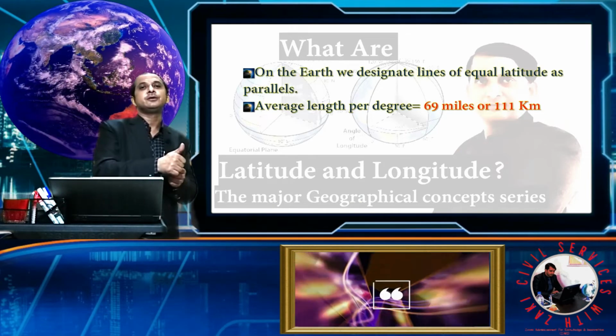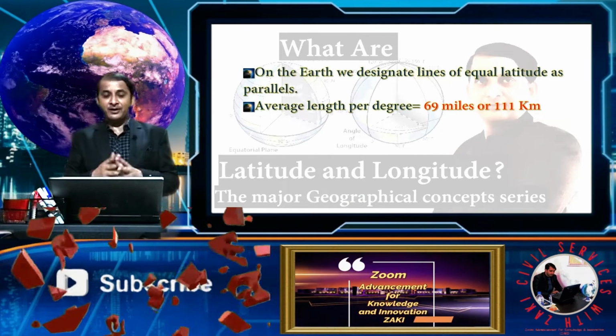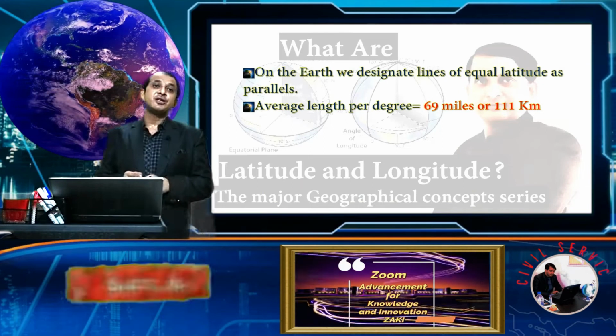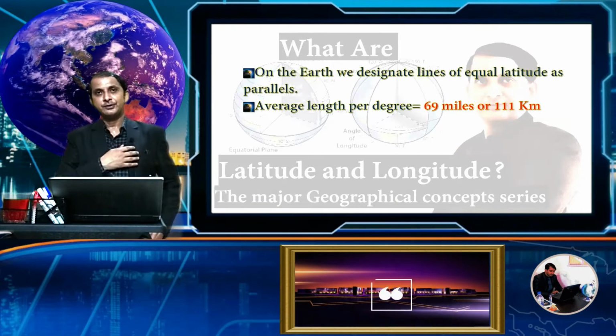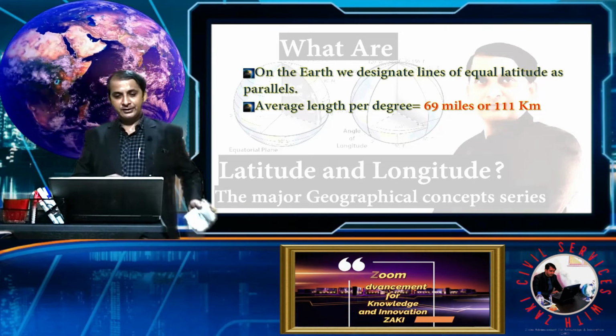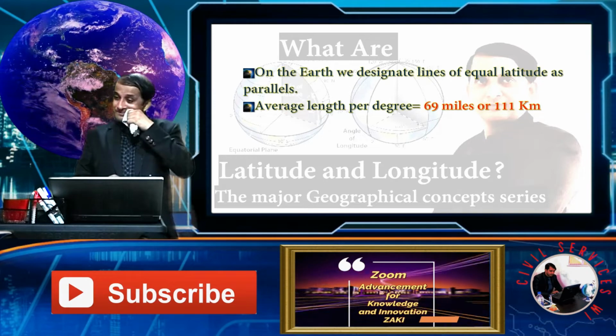Parallel means latitude. The average length of one degree of latitude is 69 miles or 111 kilometers, an average distance of the latitude.